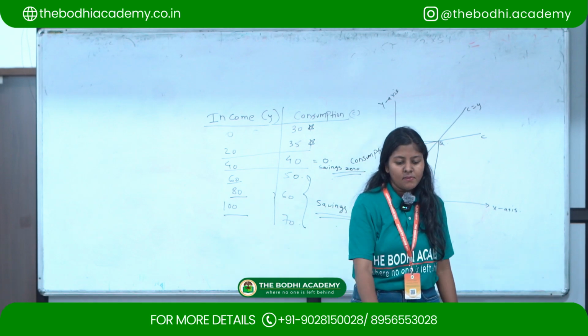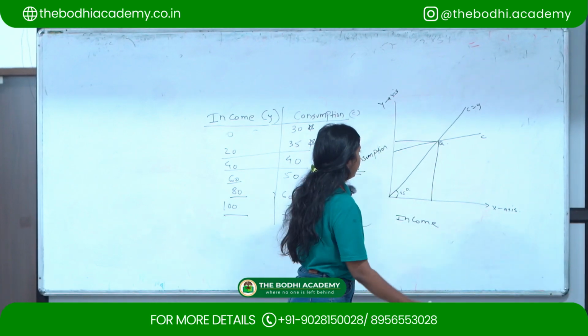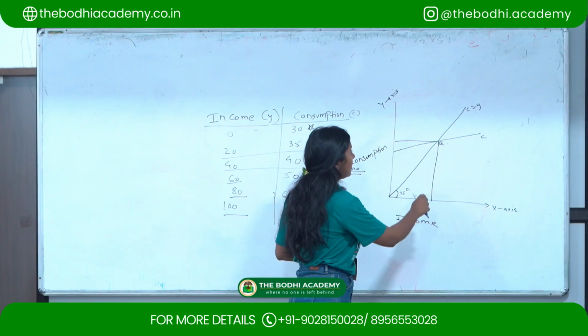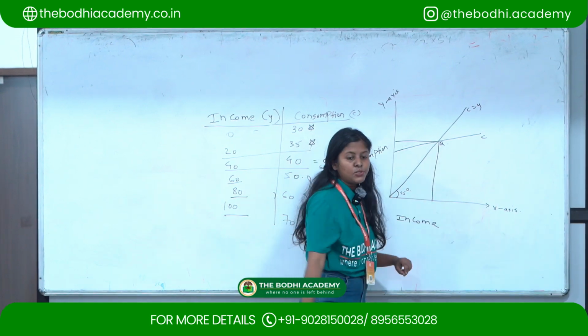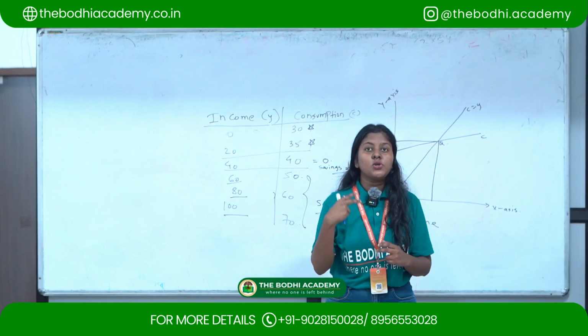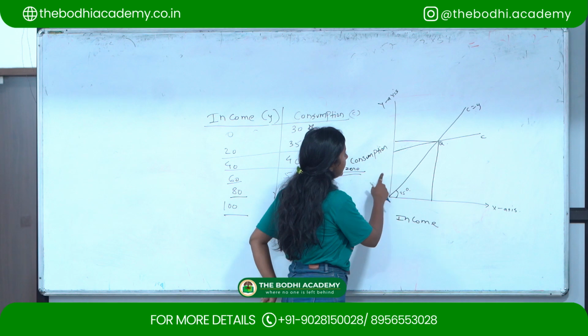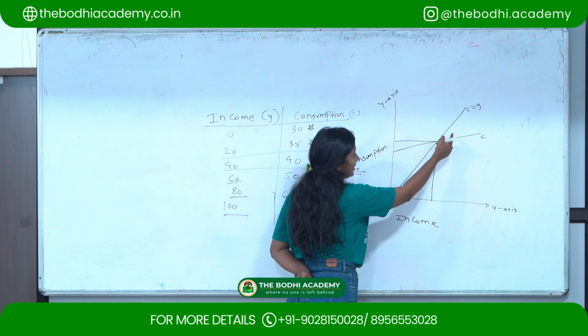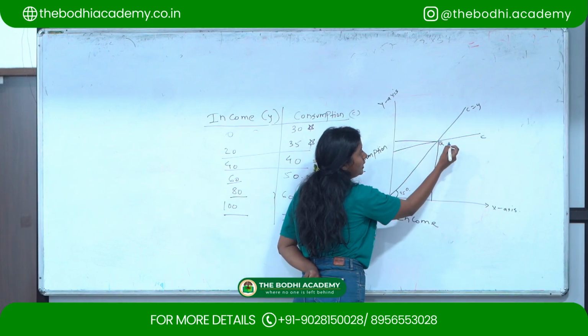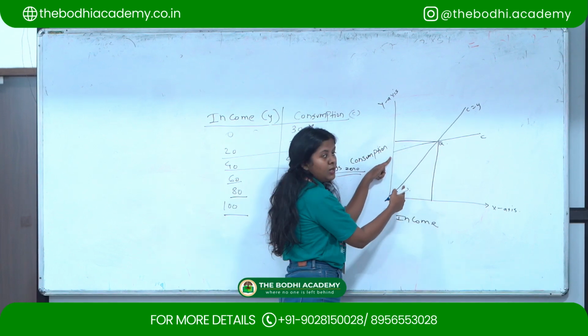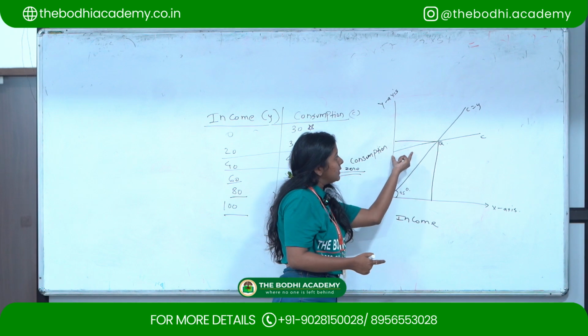If you see at point Q, income is equal to consumption. As the income goes on increasing, consumption also increases. Consumption is more over here; it is going above the income line.